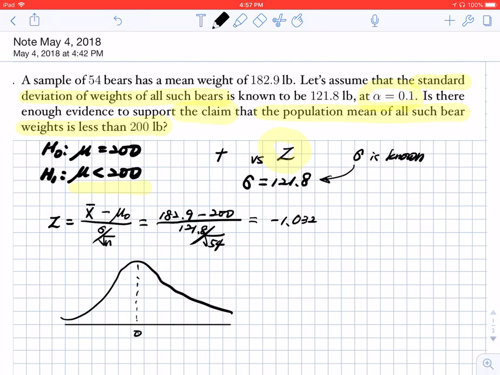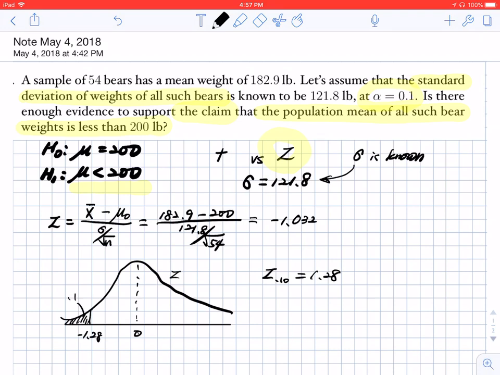Looking at the Z table or reference numbers for this alpha level, I can see this is negative 1.28. So Z 0.10 is 1.28, and on the left-hand side the value is negative 1.28.